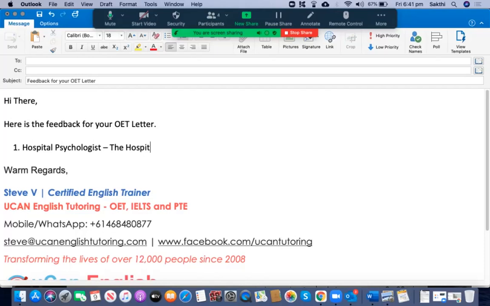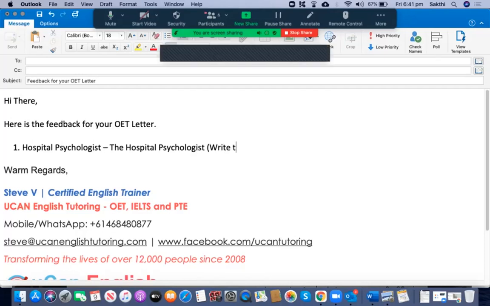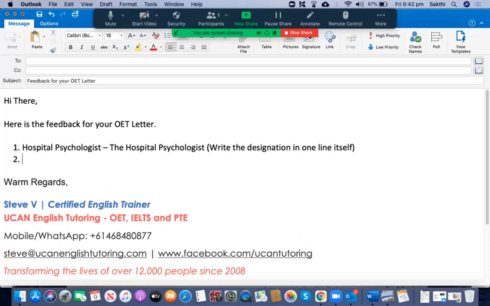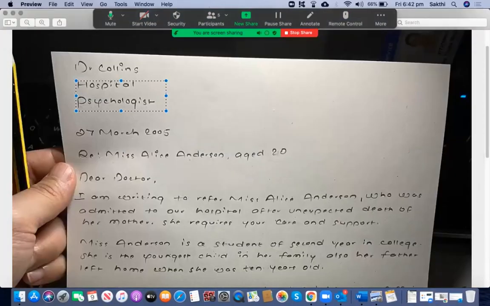Write the designation in one line itself. Do not split it in two lines. It's not good. It's not recommended. Let's go to the next one.